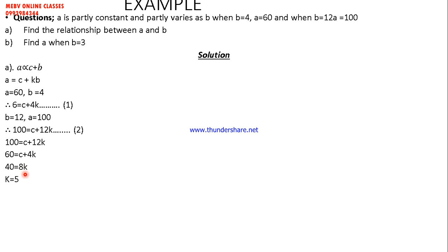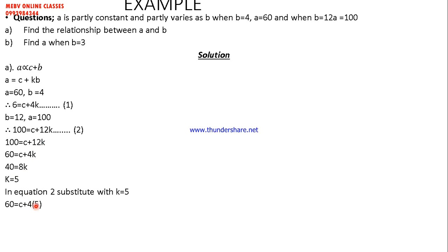Now to find the value of K, we divide both sides by 8, and K will be equal to 5. Now that K is equal to 5, let's find the other constant, C. We will substitute in equation number 1, because it is simpler, but it will be the same as if you substitute in equation number 2.